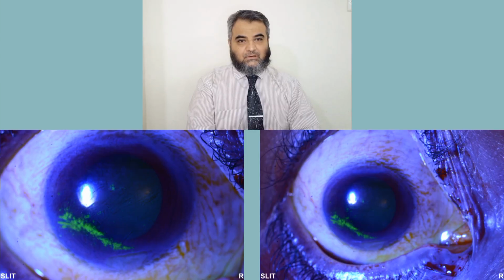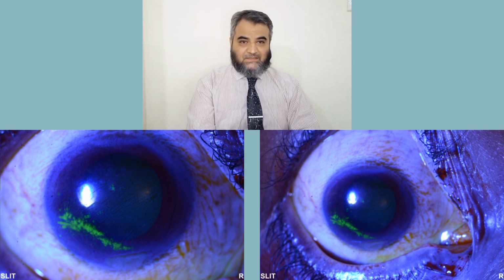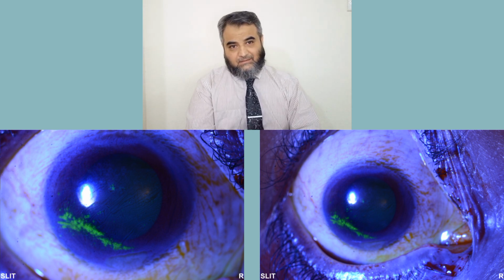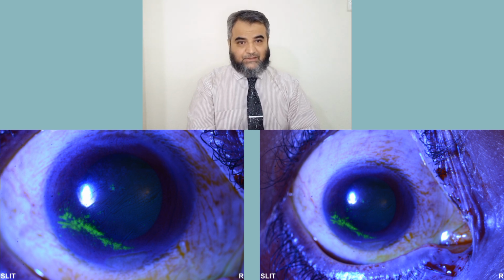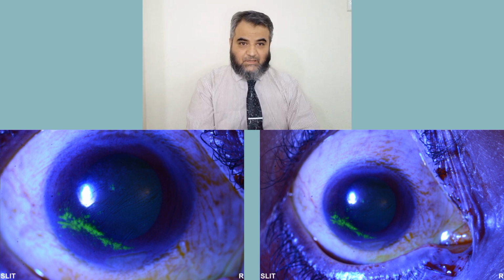So today we will see how it happens in the patient, and how it can be investigated and treated. These are corneal photographs. You must be thinking they look different, with blue and green color. Yes, but this is what an eye doctor sees on special machines, the biomicroscope, which we call the slit lamp. When we put an orange dye in the eye and shine the blue filter light, the green areas are those which are damaged.